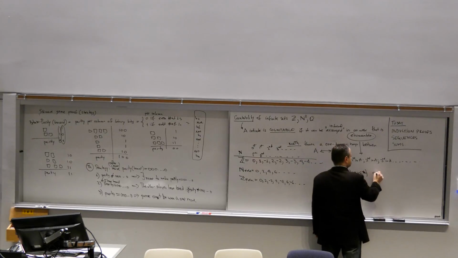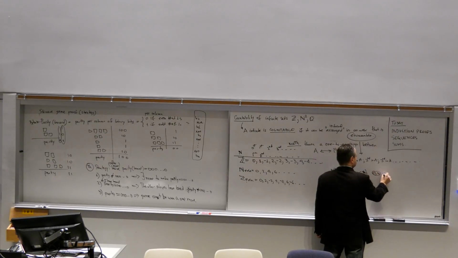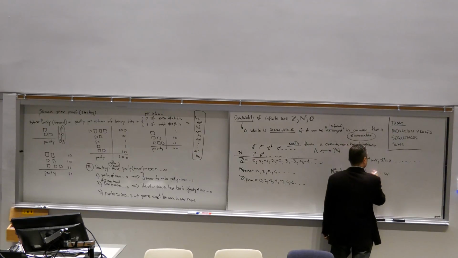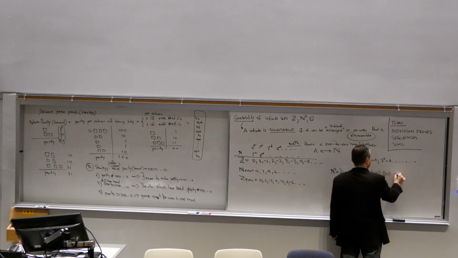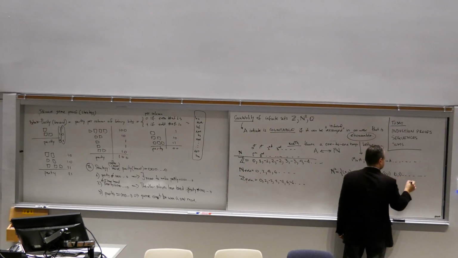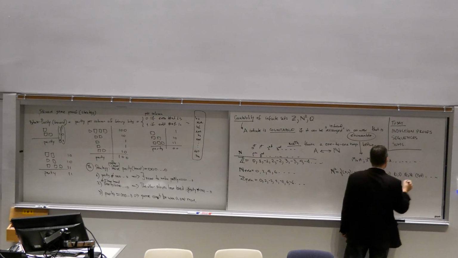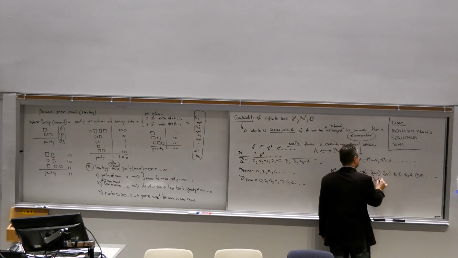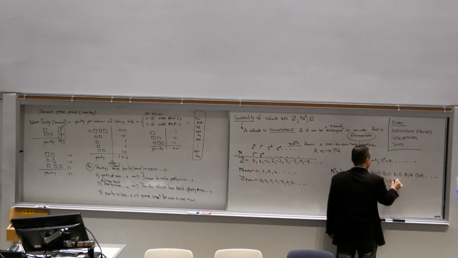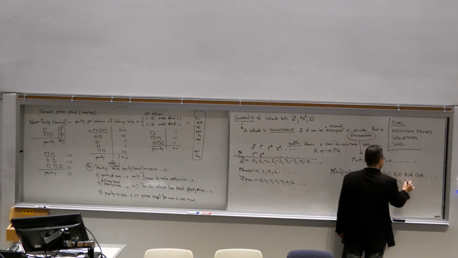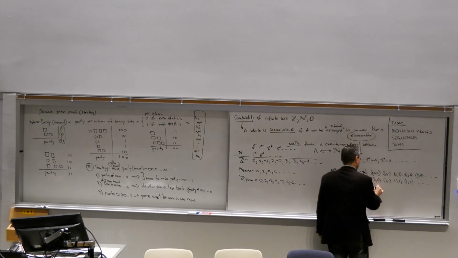Those are like 0, 0, 0, 1, 0, 2, 0, 3, right? Keeps going. 0, 4, so on and so forth. Then it starts with 1: 1, 0, 1, 1, 1, 2, 1, 3, so on and so forth.